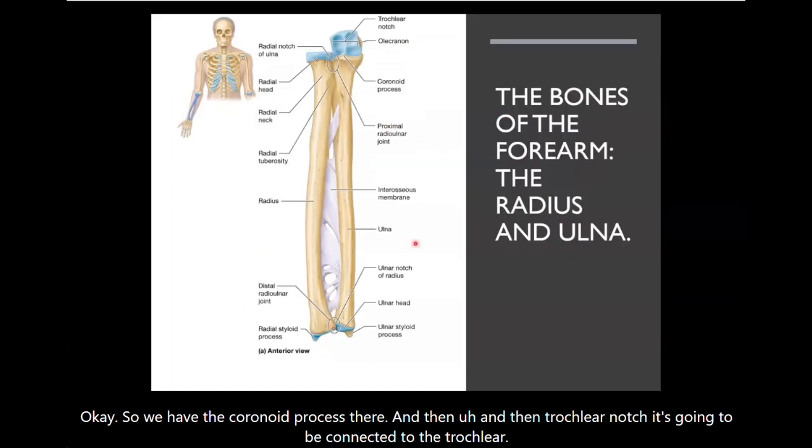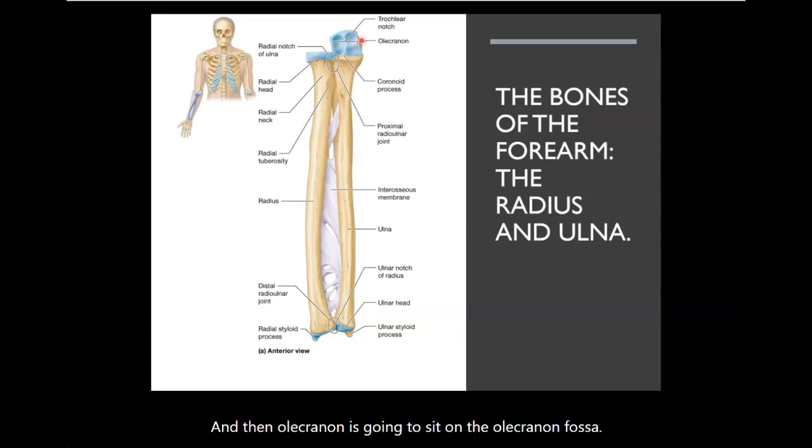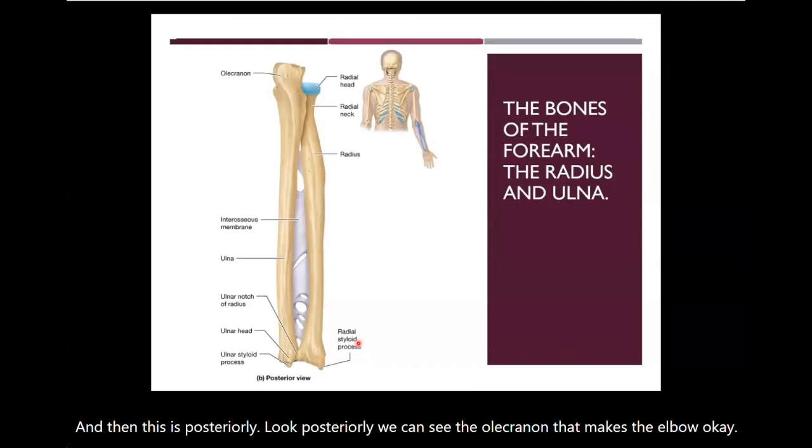And then trochlear notch, it's going to be connected to the trochlea. And then olecranon is going to sit on the olecranon fossa, okay? And then at the bottom here, what do we have? Radial and ulnar styloid process, okay? Good. And then this is posteriorly.